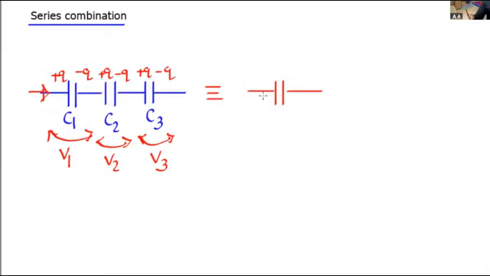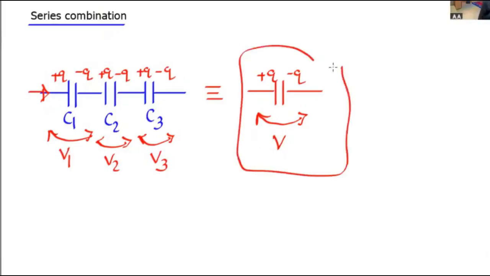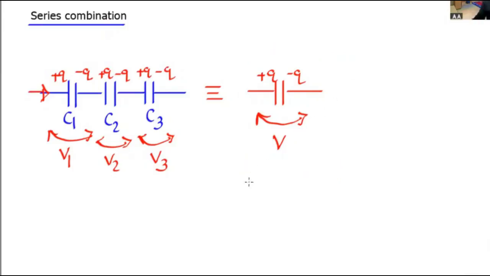Then the charge of the total capacitor is also plus Q, minus Q, නේද. Then the potential difference for the total capacitor is V. Then you already know V1 plus V2 plus V3 should be equal to V, because this is the total capacitor. Total එක නම් එහෙම වෙන්න එපානේ.